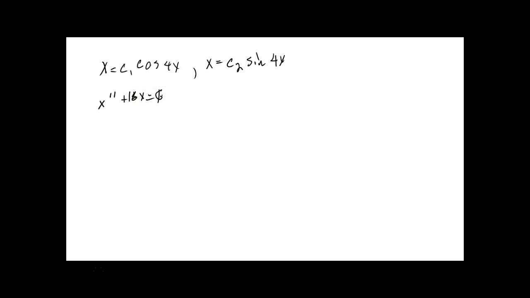They don't say exactly what they want you to do here yet. They just start talking. But what you would normally do is verify that these two do work. So for the first one, x prime is equal to the derivative of that.